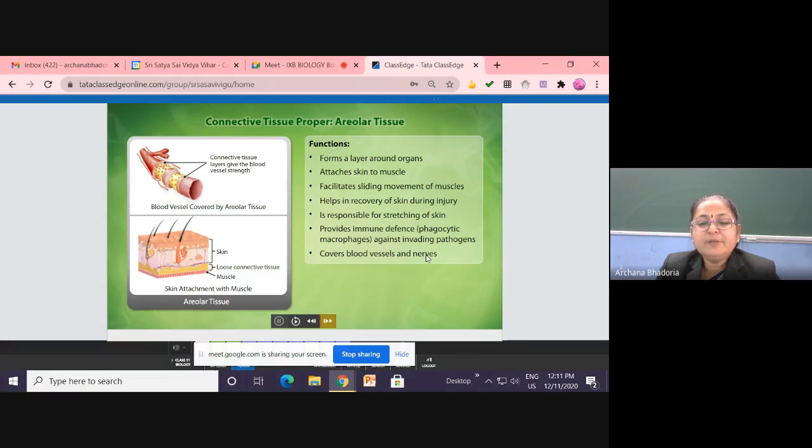And provides immune defense, because macrophages are digesting the pathogen. So that way they are helping in providing the immunity also. They develop immunity. No pathogen can go inside our body. So you can see the picture where the areolar tissue is present.